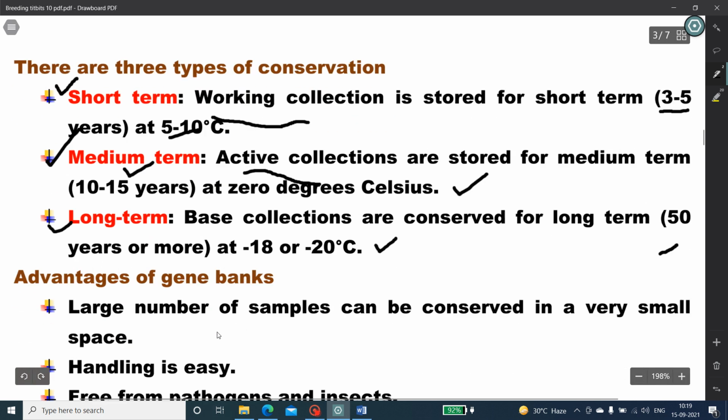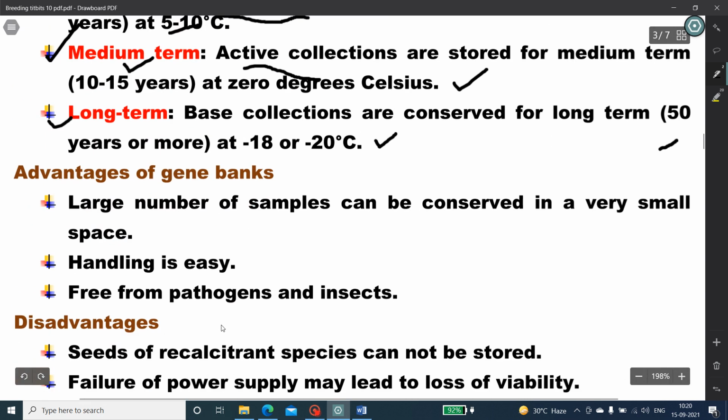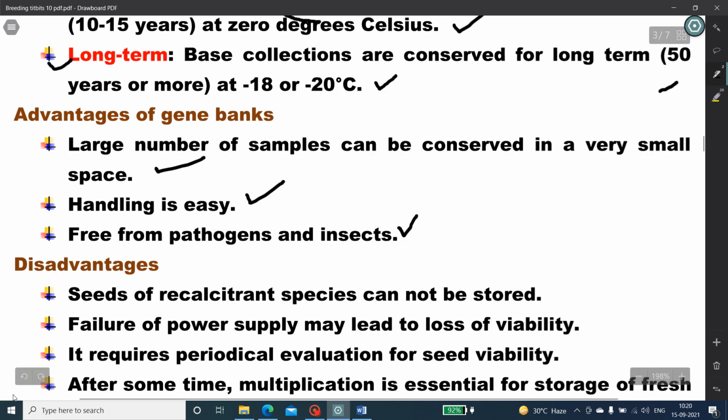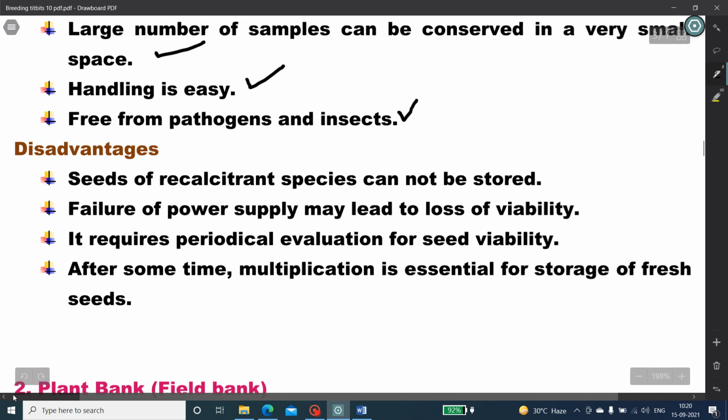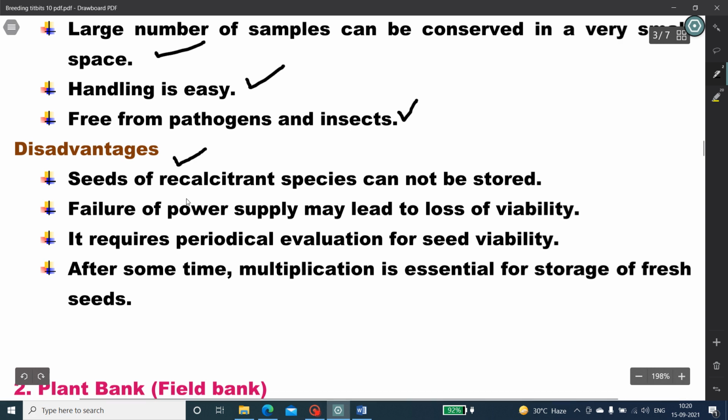There are many advantages as far as gene banks are concerned. A large number of samples can be conserved in a very small space, handling is easy, and they are free from pathogens and insects. We can protect all the seeds from disease and pest attack. Regarding the disadvantages, as I told earlier, recalcitrant species cannot be stored.